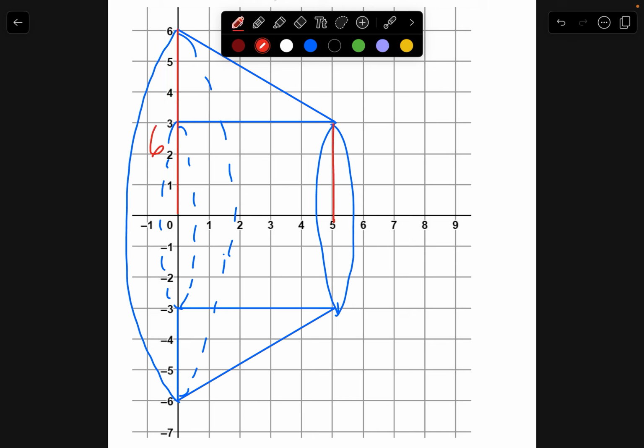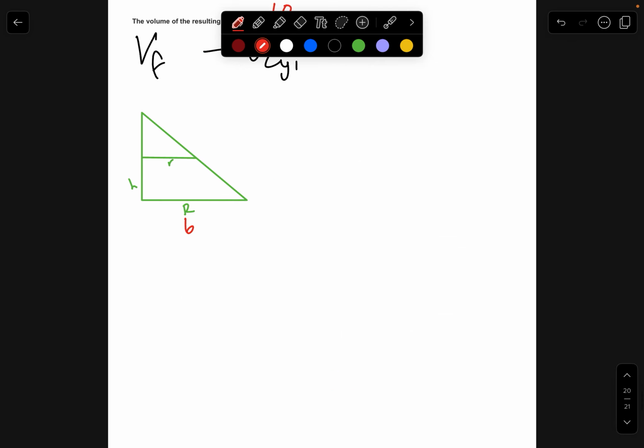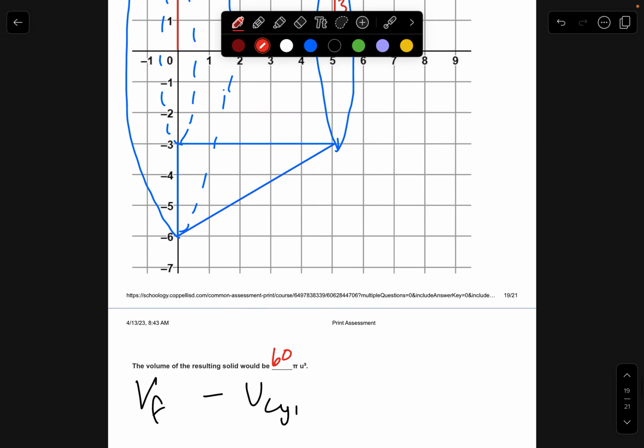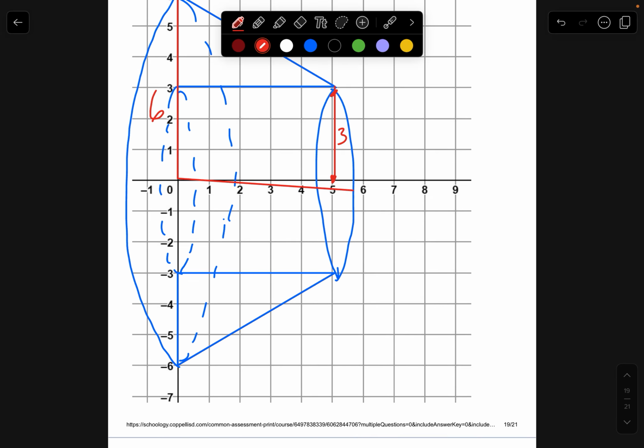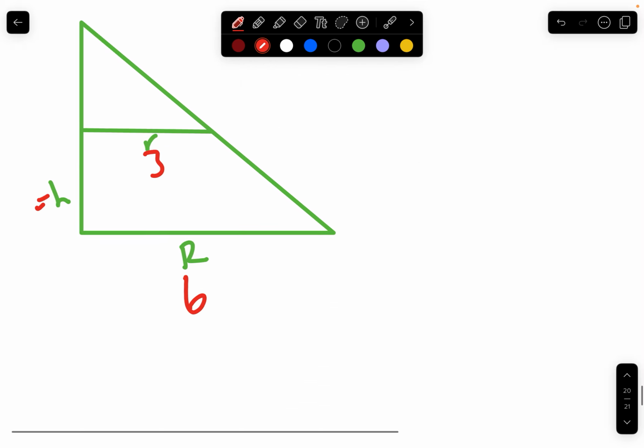And the small radius would be this number, 3. So those are the radii of the big base, 6, and the small base, 3. And then the height of this frustum right here is 5. So this number, the height of the frustum is 5, and we need this spot.